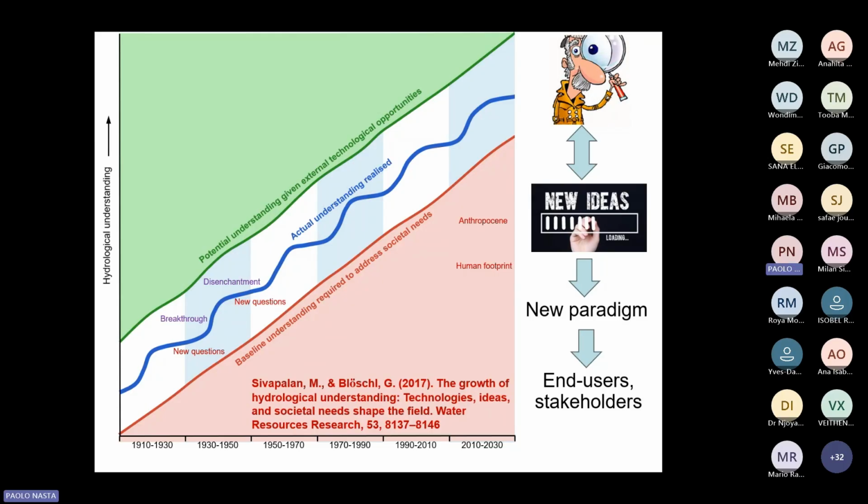But what's our strategy in getting new strategies in research, especially in hydrology and soil hydrology and soil science in general? So basically, we start from the observations, and then we gain big data, because now we are in the era of big data, and we apply models of different complexities.